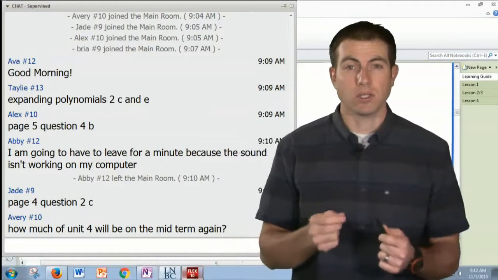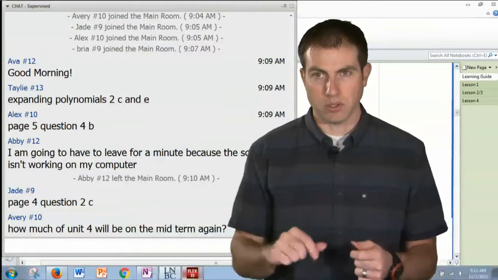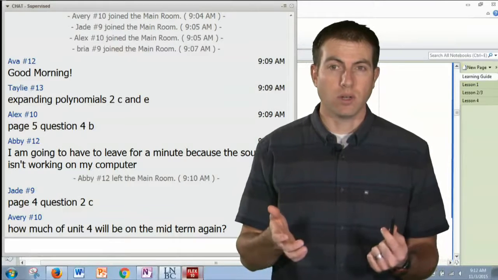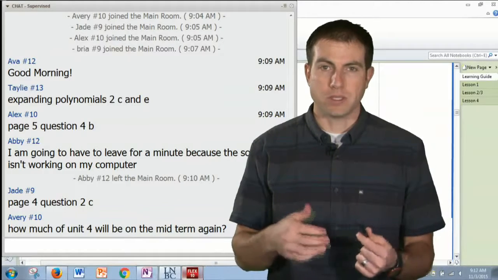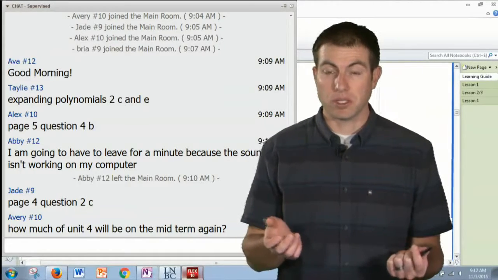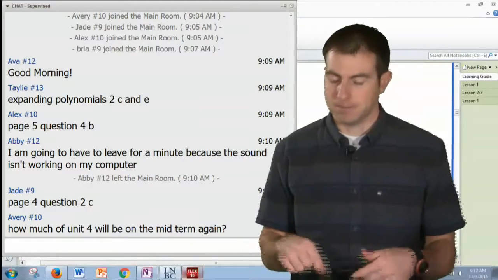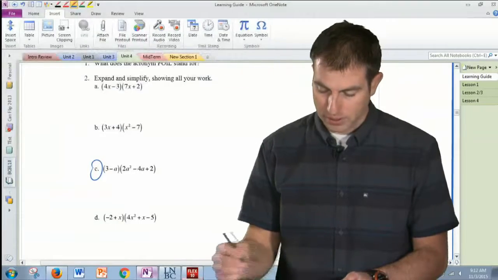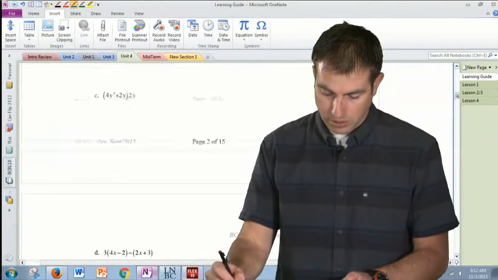And then just a couple of questions from Unit 4, just on the expanding stuff that we're doing right now. So there definitely won't be a focus on Unit 4. I think there's maybe 2 or 3 questions from Unit 4. So it is on there, but it's not a prominent part of the midterm.